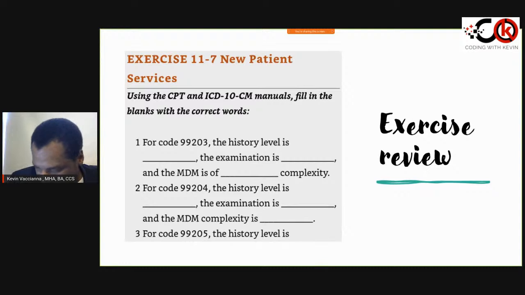I'm ready. Okay. For code 99203, the history level is what? Everybody go to your CPT book and go to code 99203. Okay, answer. Unmute your mic and answer, please.